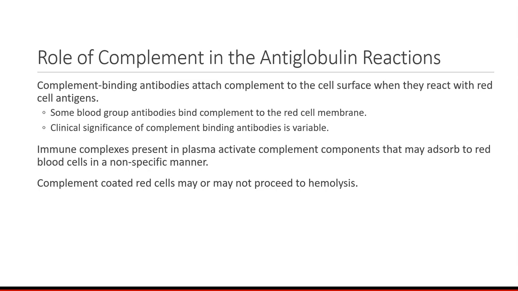Immune complexes present in plasma can activate complement components that they may absorb to the red cells in a non-specific manner. And this has been my finding, is that 99.9% of the time that I get a positive reaction with anti-complement, it's a false positive.